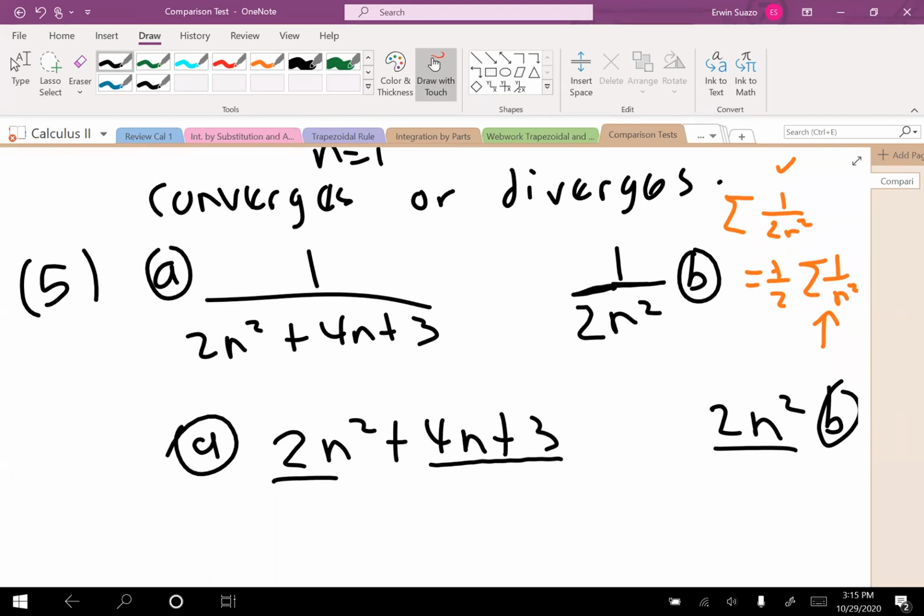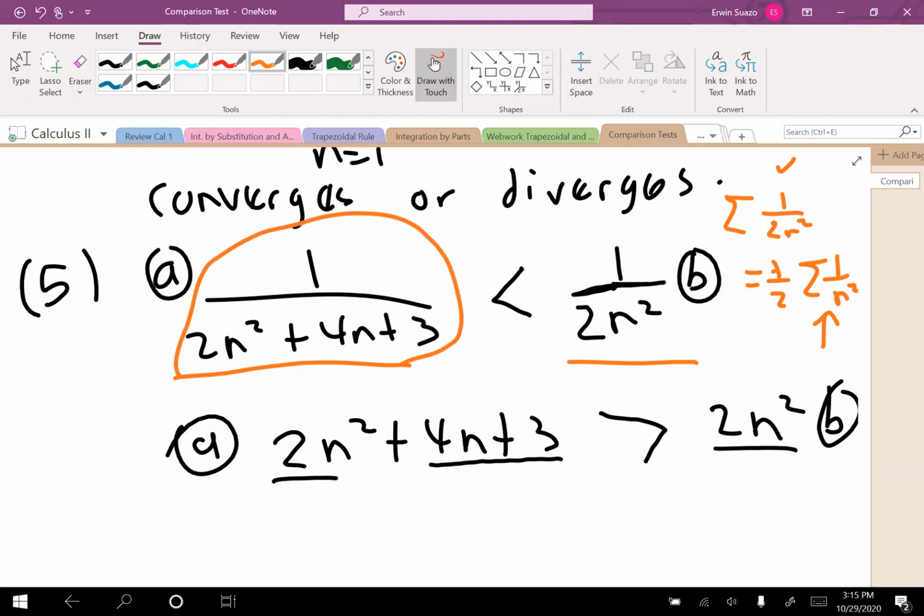Because n is always positive, so we are adding positive, positive, positive. This is always bigger. When I go to fractions, when I invert, this flips. Okay. So this guy is always less than this guy.